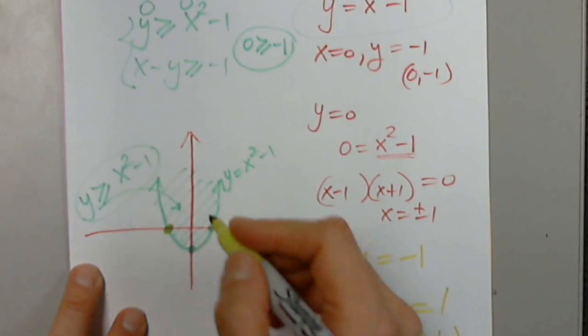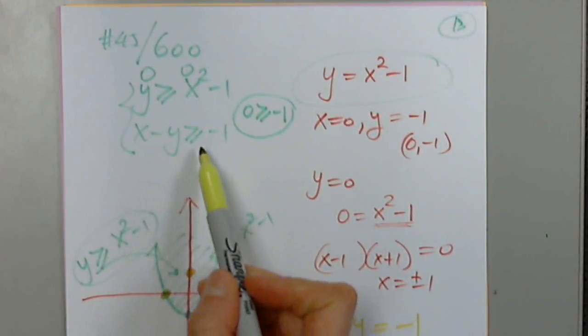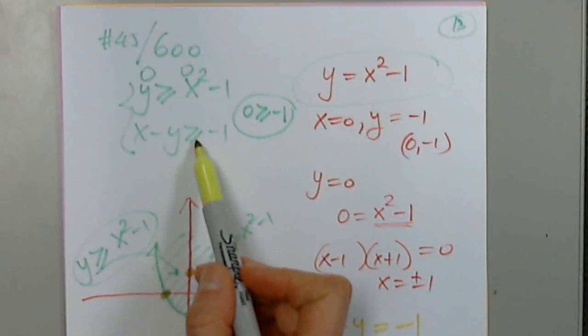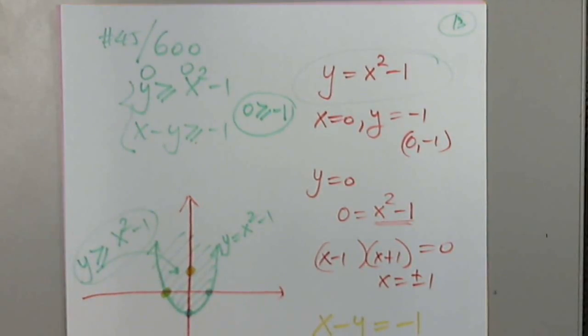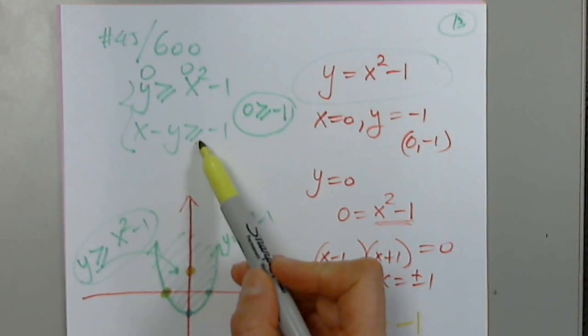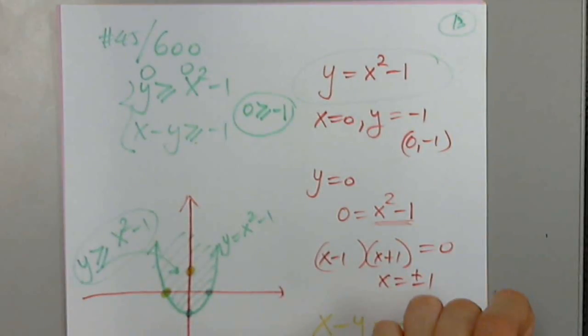And 0, 1. Before I do anything, I have to ask myself if I have to graph it as a solid curve or line in this case or not. Solid or not?